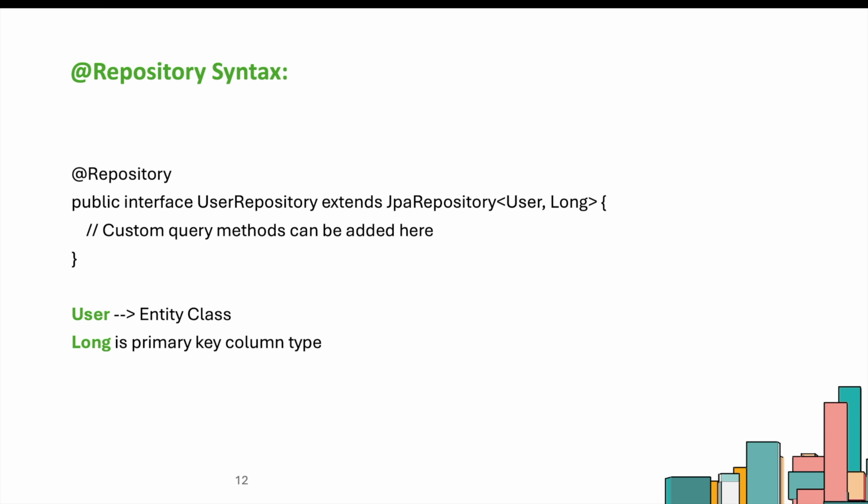And there's another parameter, Long, which means the primary key column userId is a Long type. If the primary key column is int, you should say Integer. So this is the syntax, this is the example: the repository interface UserRepository extends JpaRepository, again I say User and Long.